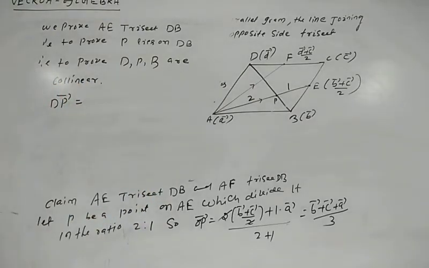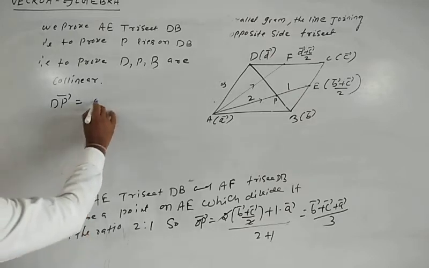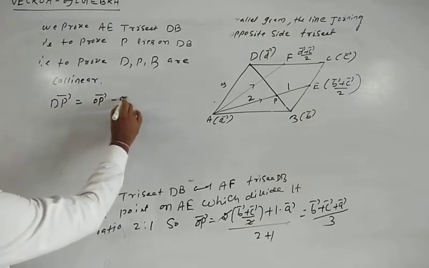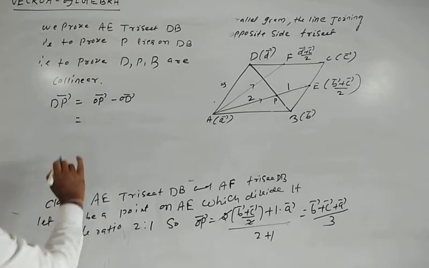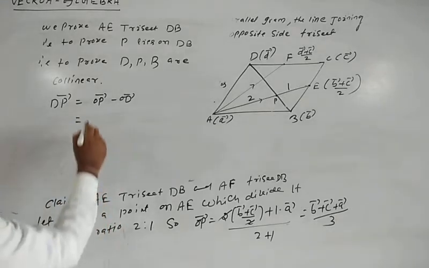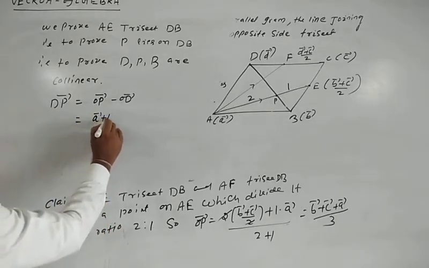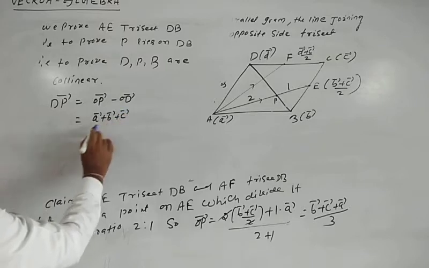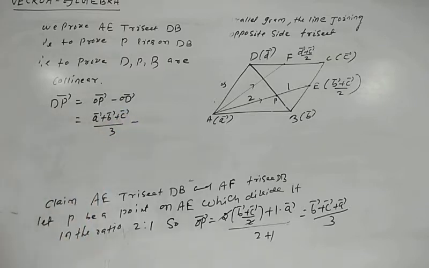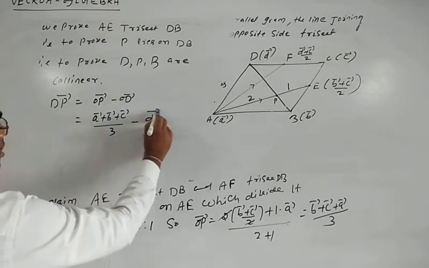So the DP vector equals position vector of P, OP vector, minus OD vector. OP vector is A vector plus B vector plus C vector by 3, minus OD vector, which is the D vector.